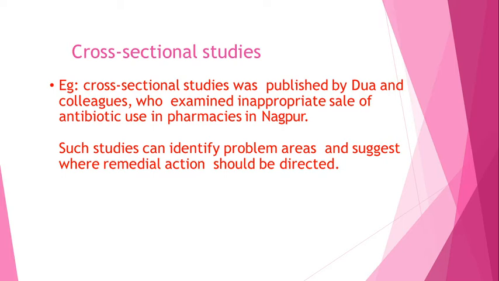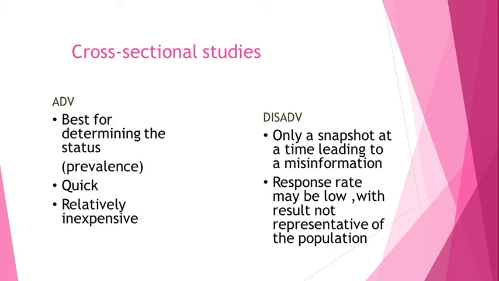Even without a prescription the antibiotics were given, so the problem was identified that some remedial action needs to be taken so that such antibiotics will not be dispensed. So this study has helped to identify the problem area, and therefore a remedial action can be initiated. That is an outcome of cross-sectional studies.